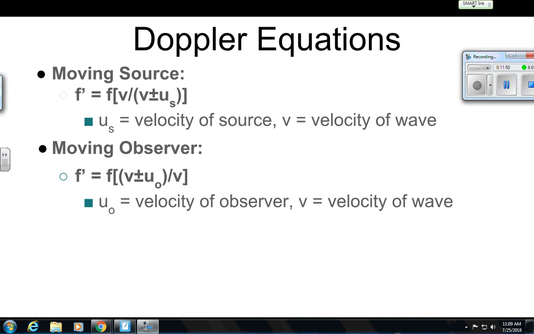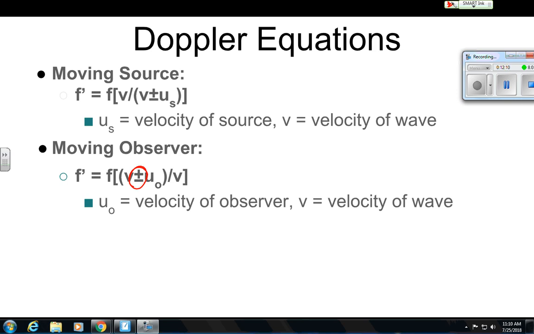And then, of course, this next equation we have is if the observer is moving rather than the source. They look very, very similar. Just now the addition subtraction part is in the numerator rather than the denominator. Again, you still have a plus or minus, and that's because you're going to do one if the observer is moving towards the source and one if the observer is moving away from the source.